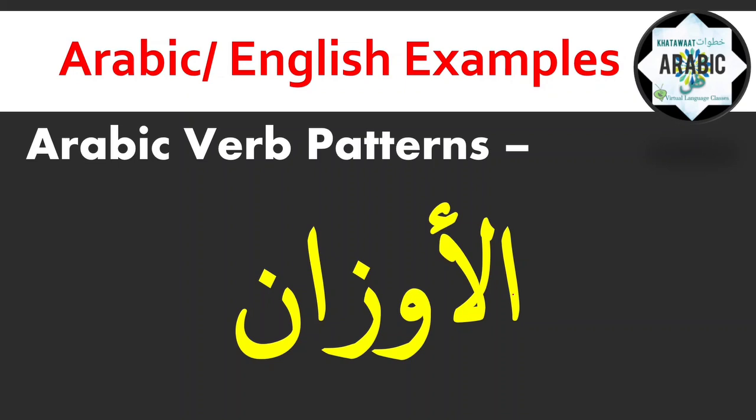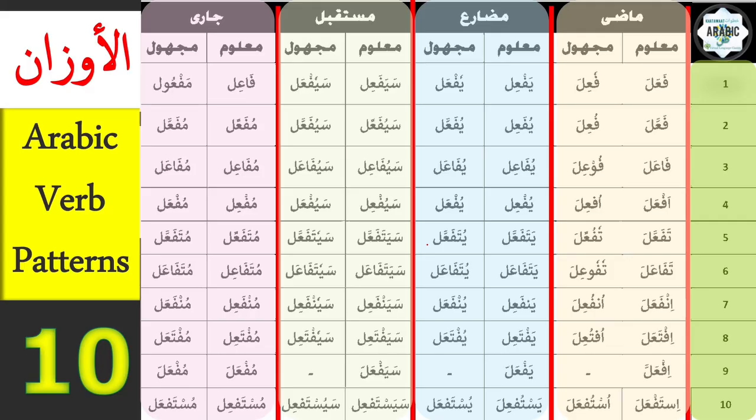In this video, we'll go over the Arabic verb patterns, looking at different examples in different tenses. This chart represents all 10 patterns, but we're looking at the patterns when they are in al-madi, which is past, and then mudari', which is present.